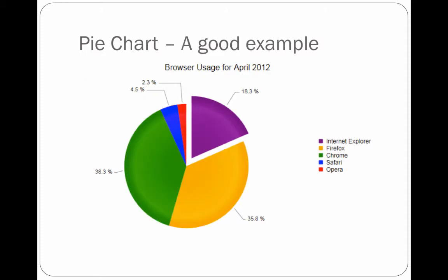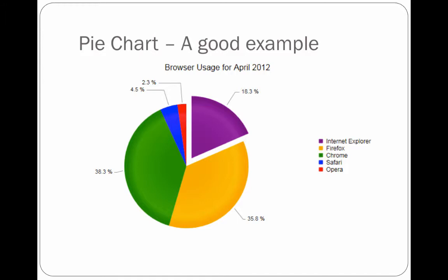So here's an example. This is a good example of a pie chart. We have nominal level data. We're asking what browser did people use, and this is a survey from April 2012. And you can see that we're looking at Internet Explorer, Firefox, Chrome, Safari, and a browser called Opera.